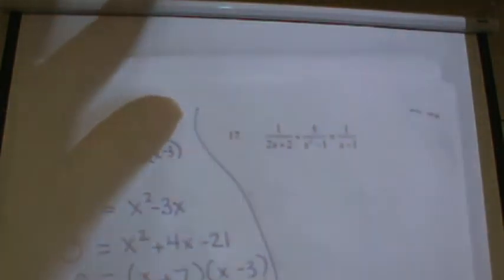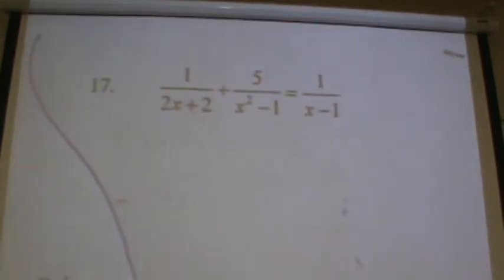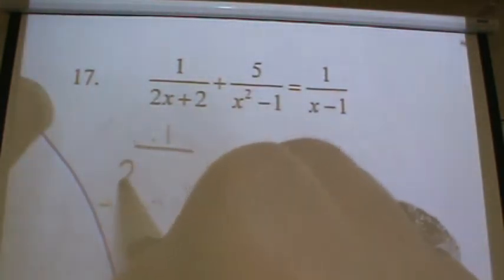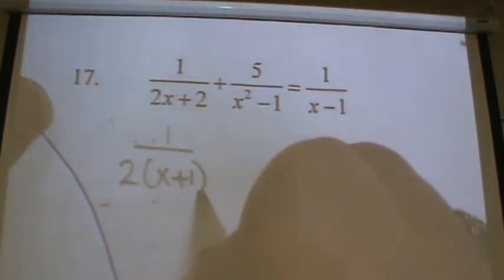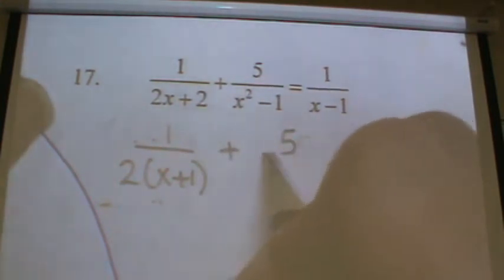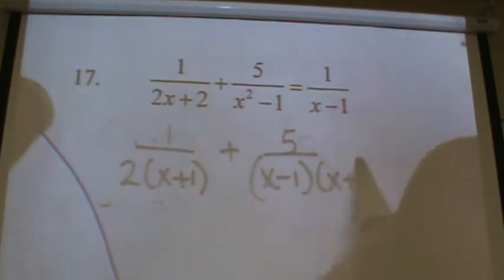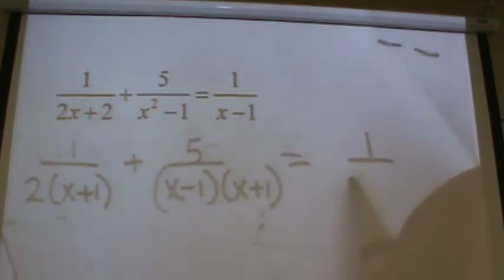The last problem that counted, what's your common denominator? 2x, 2 times x plus 1, x minus 1. Yep, Alexis, say again. 2 times x plus 1, then x minus 1. So you need an x squared though.